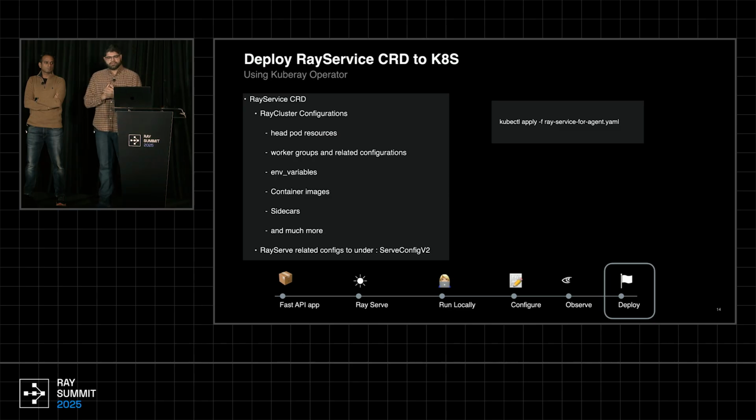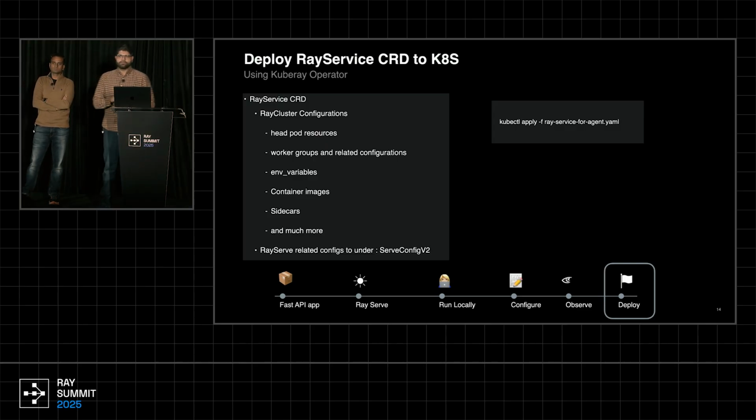The way it works is that on Kubernetes, we can deploy a KubeRay operator, which is able to provision the custom resource definition related to Ray service. Inside the Ray service definition, there are two major sets of configurations. First is the Ray cluster configuration, where you can specify the underlying compute requirements. For example, the resources for the head pod, the worker pod, environment variables.